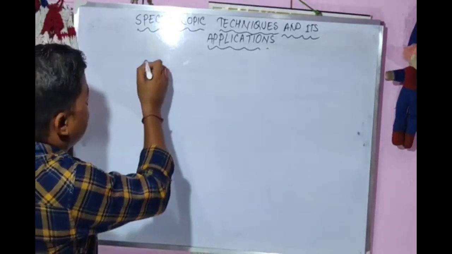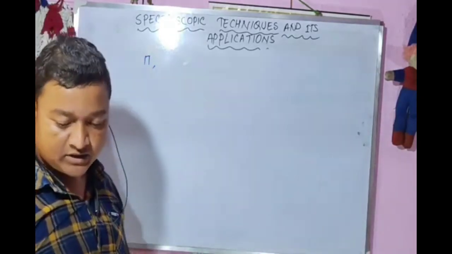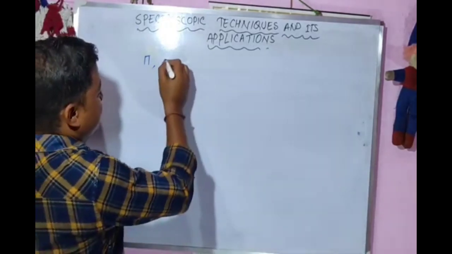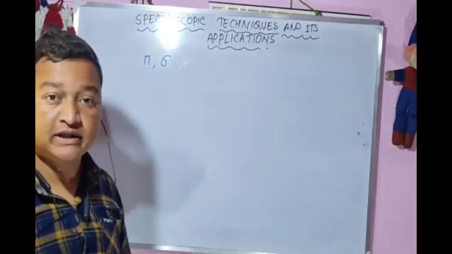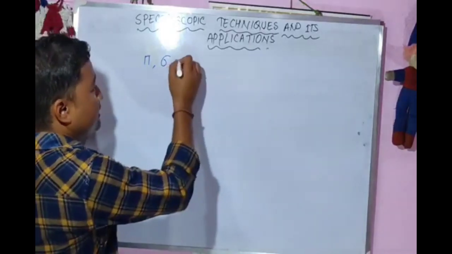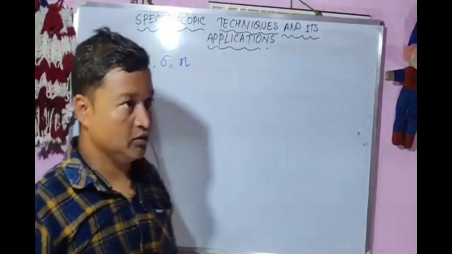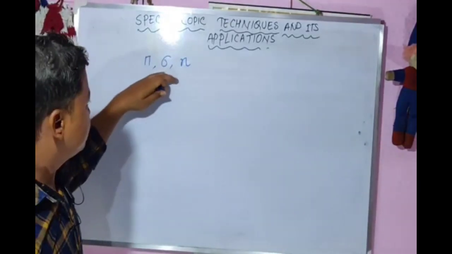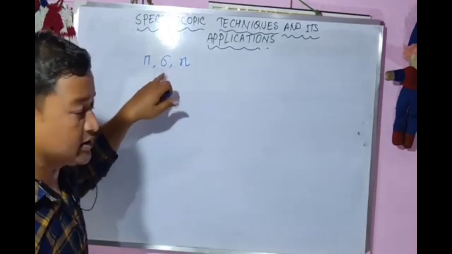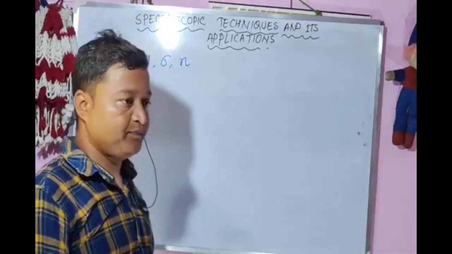There are pi electrons, sigma electrons and non-bonding electrons. Three types of electrons in molecules. Not in every molecule, but pi electrons may be present, sigma electrons present and non-bonding electrons also present.